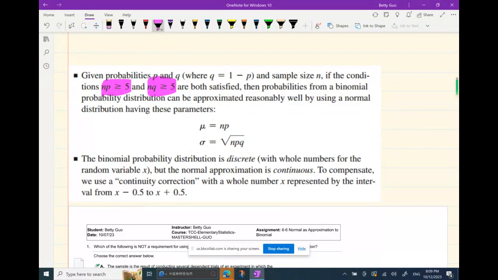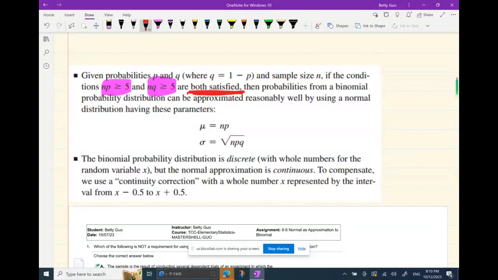The value of n times p is bigger than or equal to 5, and n times q is also bigger than or equal to 5. We need them both satisfied. If they are both satisfied, then probabilities from a binomial can be approximated by a normal distribution, with the following parameters.